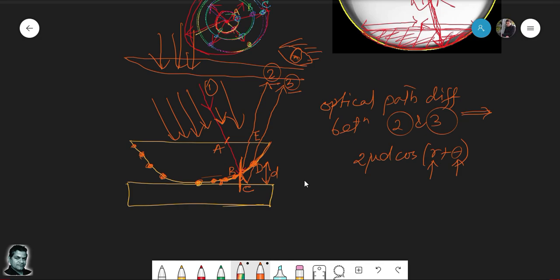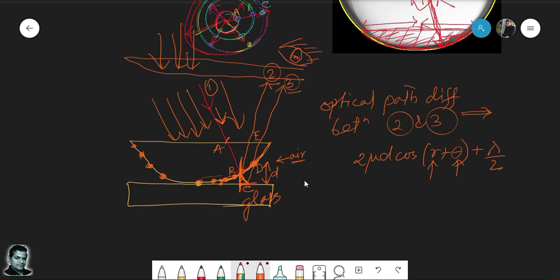Now, this is the optical path difference. If you remember in the last lecture, there is another path difference, which is lambda by 2. That is because ray 3 here is getting reflected from a denser medium, coming from a rarer medium, assuming this is some rarer medium like air. So this wedge is filled with air only, and this is, let's say, glass.